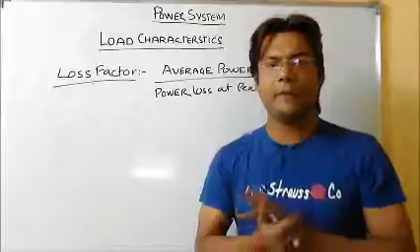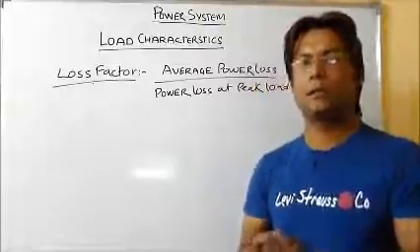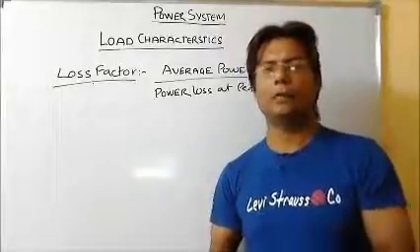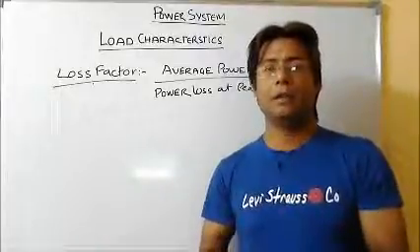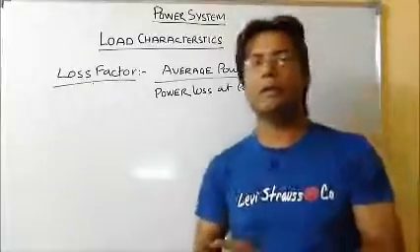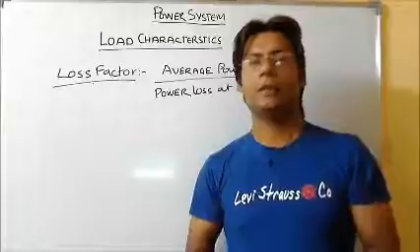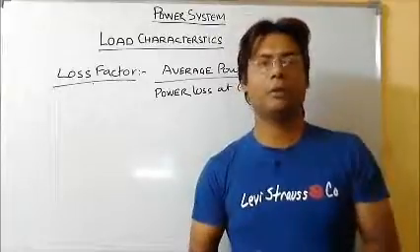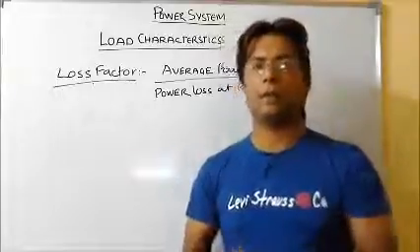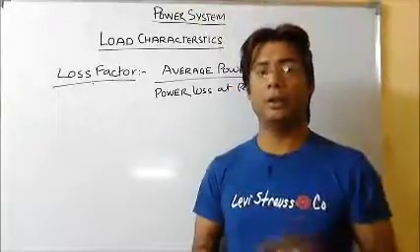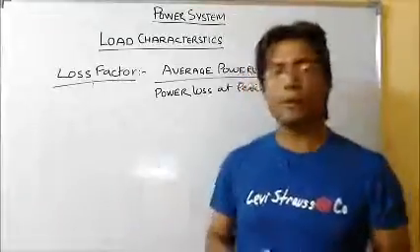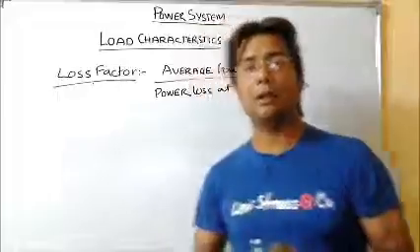So normally we have losses anytime, at the starting of the day also, at the maximum time also, and when the load is minimum. Every time we have losses, as we have seen in the case of transformers, that in distribution transformers we have iron losses all the time. So copper losses increase or decrease according to the load, but we have 24 hours of losses.